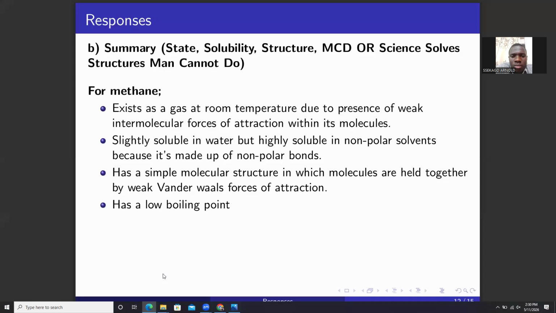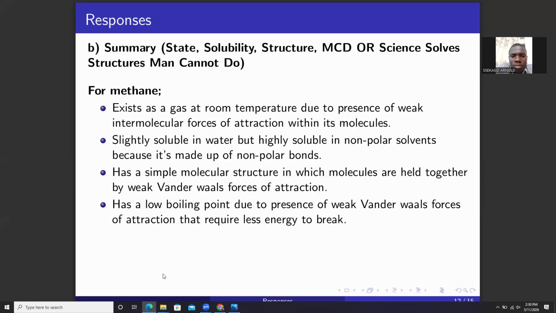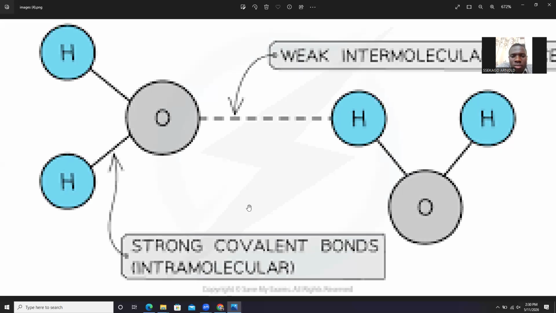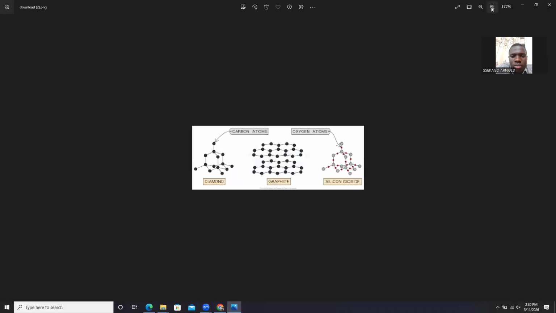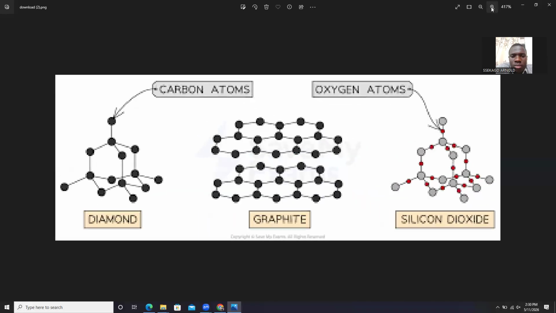Then it has a low boiling point. Liquids and gases have low boiling points as compared to solids. So methane has a low boiling point. Why? Still due to the presence of the weak van der Waals forces of attraction. They require less heat to break. Look at them here. You see, they are evenly dotted. But you come to graphite or diamond, you see the bonds joining atoms are not dotted.